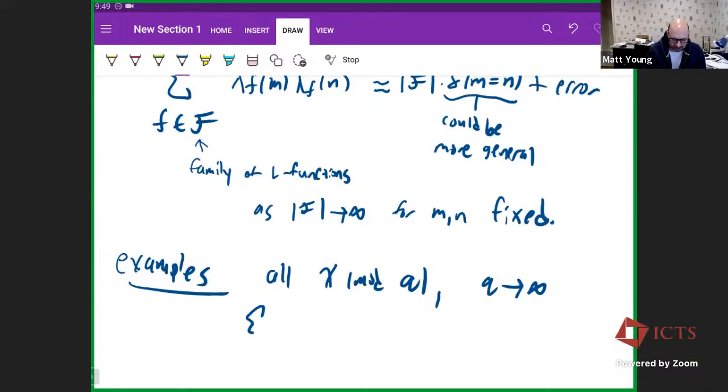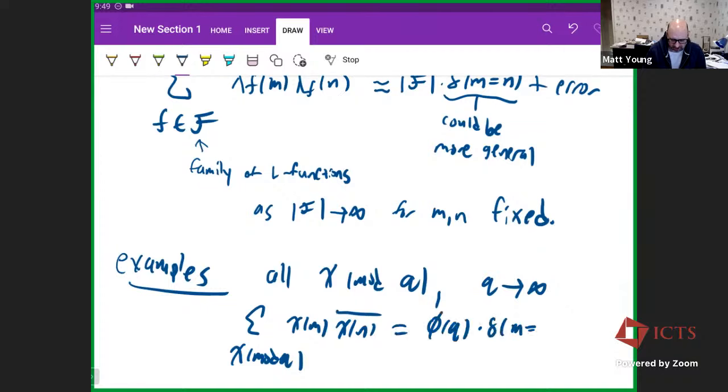So here the orthogonality formula, or the family average formula, is the orthogonality of characters. So that's the sum of chi of m, chi bar of n. So this is phi of q times the delta function that m is congruent to n mod q. So it's not really saying that m and n are equal, but it's saying that they're congruent mod q.